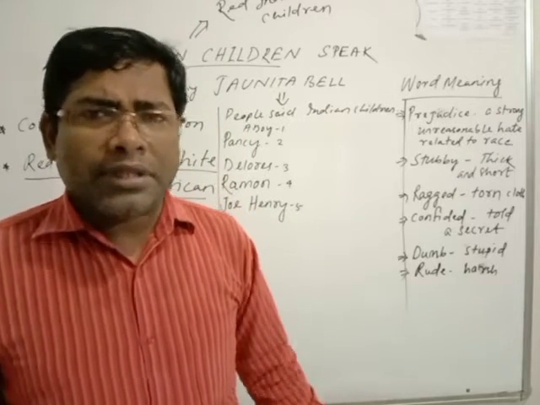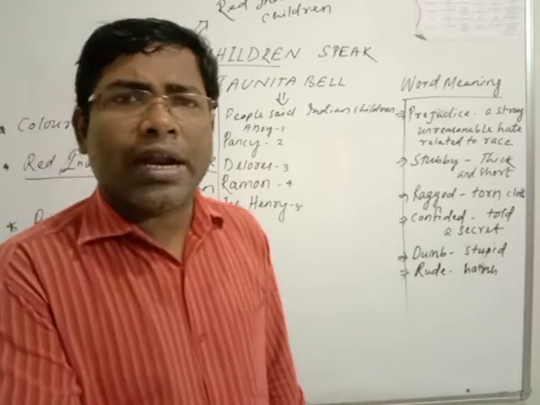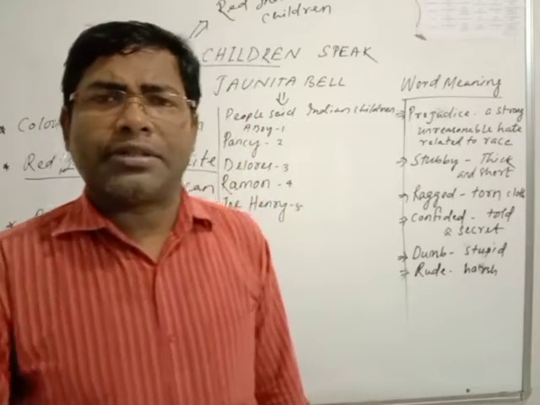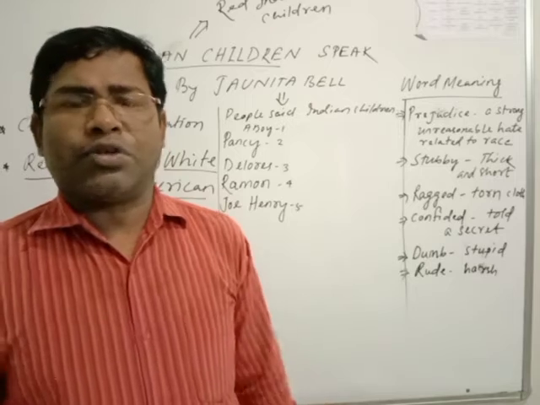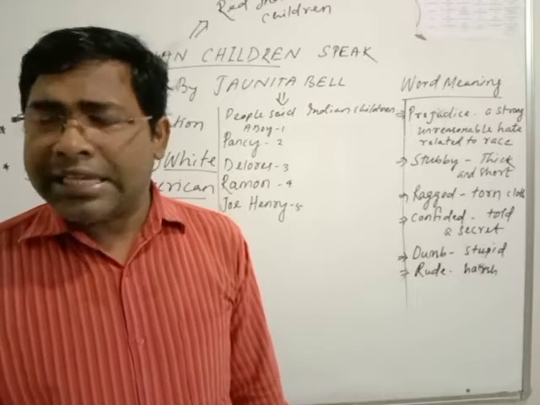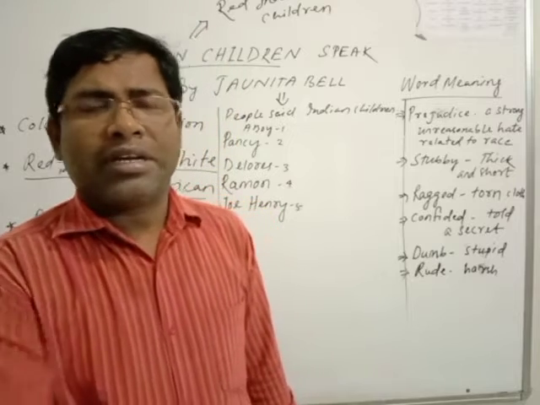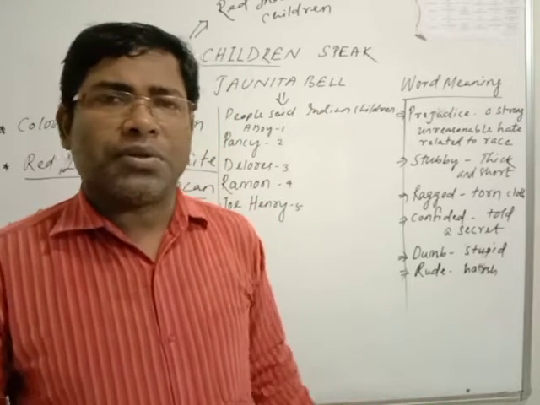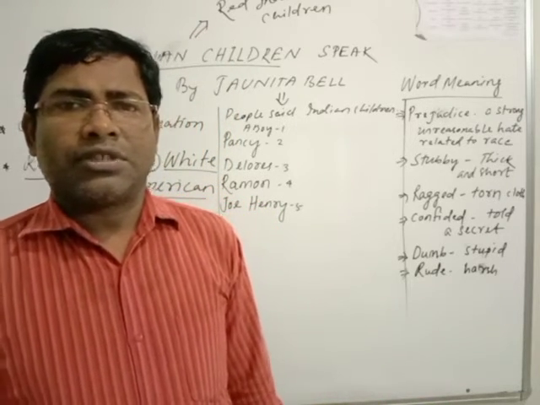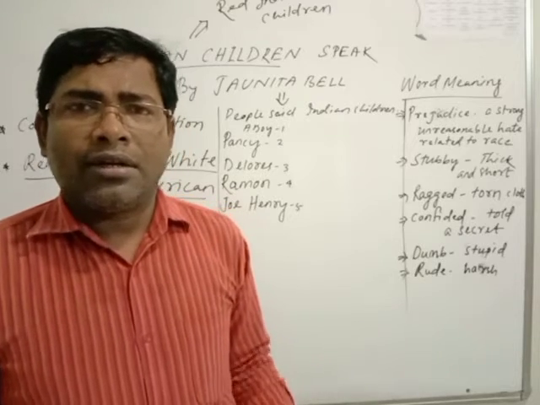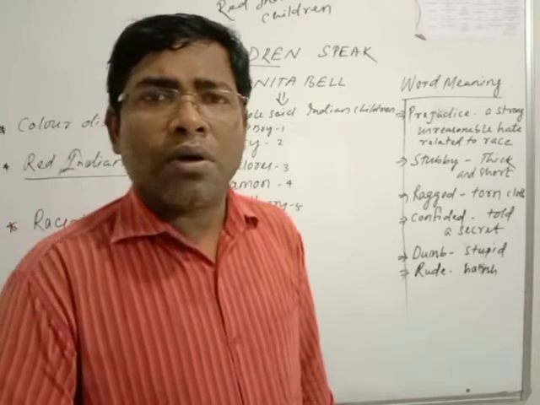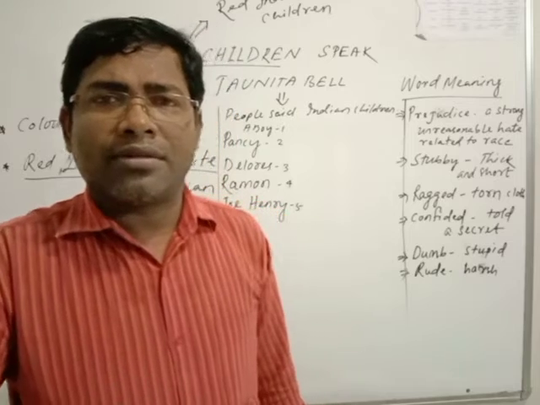White people think that red Indian children are very dumb, very stupid. But really they are not very stupid. Sometimes they think that they are heartless and rude. But really red Indian children are not rude. Sometimes the white people think that the red Indian children have no emotion, no feeling.